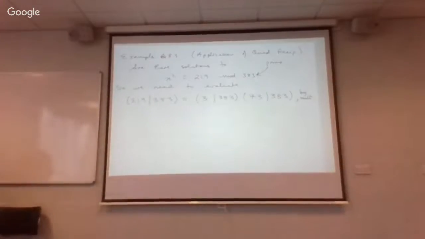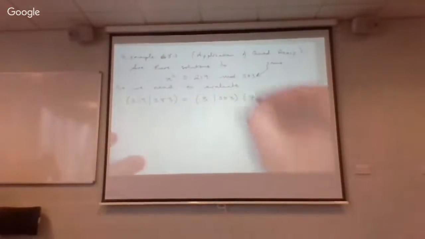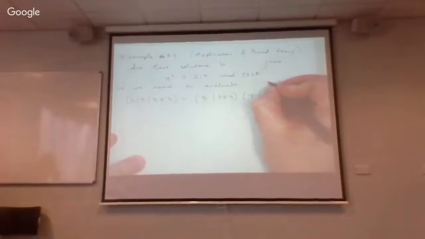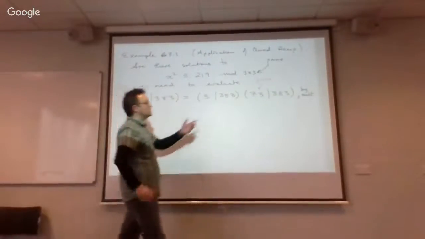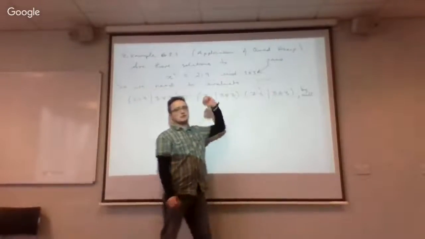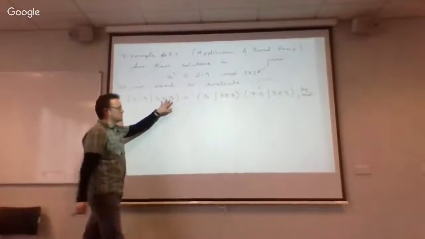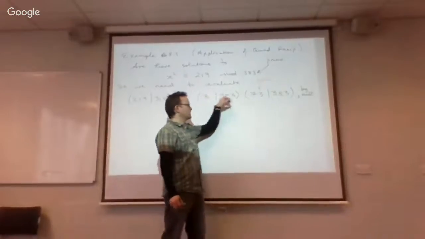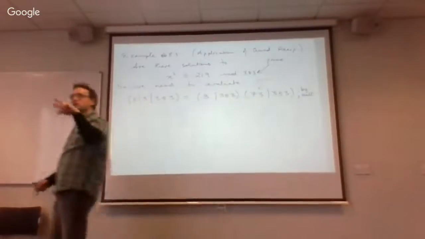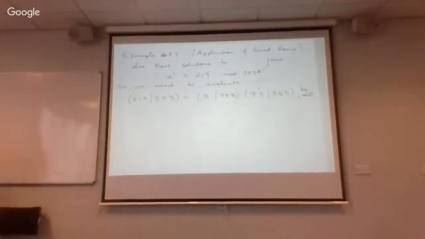Okay, that's important. If you had a large number here which wasn't a prime, you just keep factorizing it. So what we want to do is factorize the original Legendre symbol into a product of Legendre symbols where all the first arguments are prime numbers. And then we can use quadratic reciprocity to flip it.